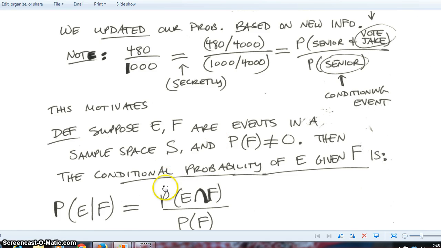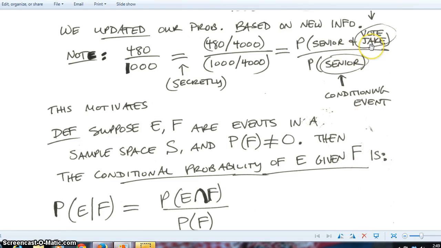So here's the definition. Suppose E and F are events in a sample space, and suppose the probability of F is not zero. That's really important. You have to have the probability of F be non-zero. The conditional probability of E given F, which we write as P(E | F), is the probability of the intersection of the two events, P(E ∩ F), divided by P(F).